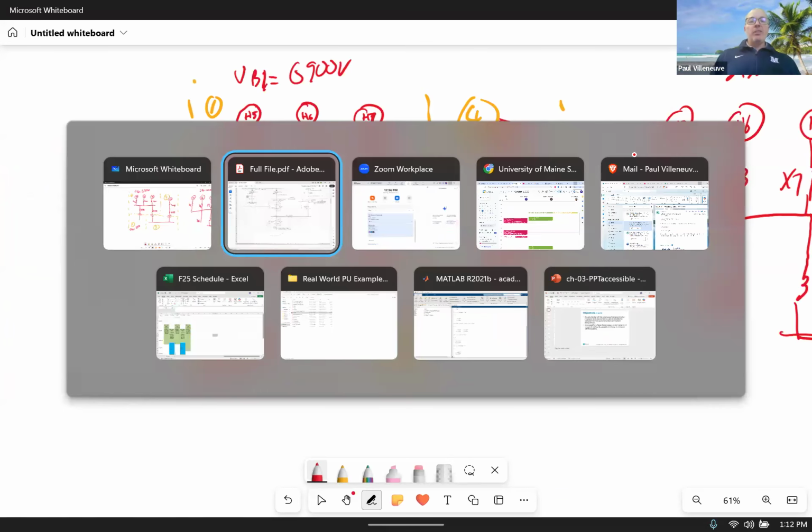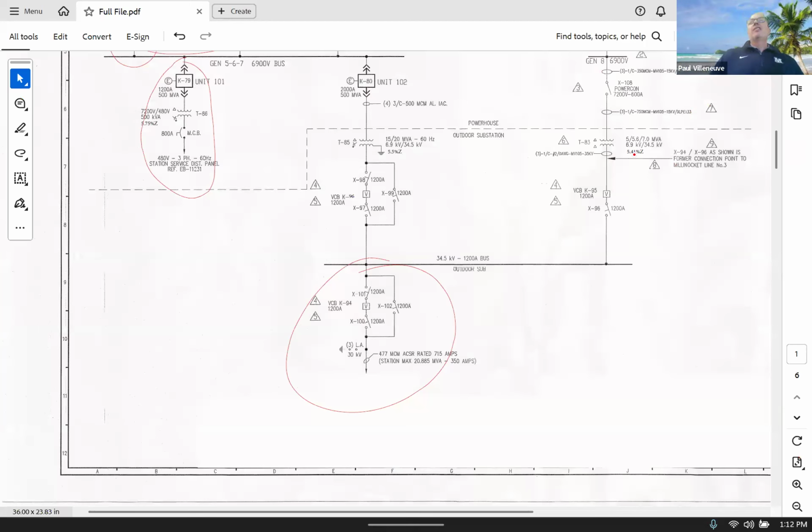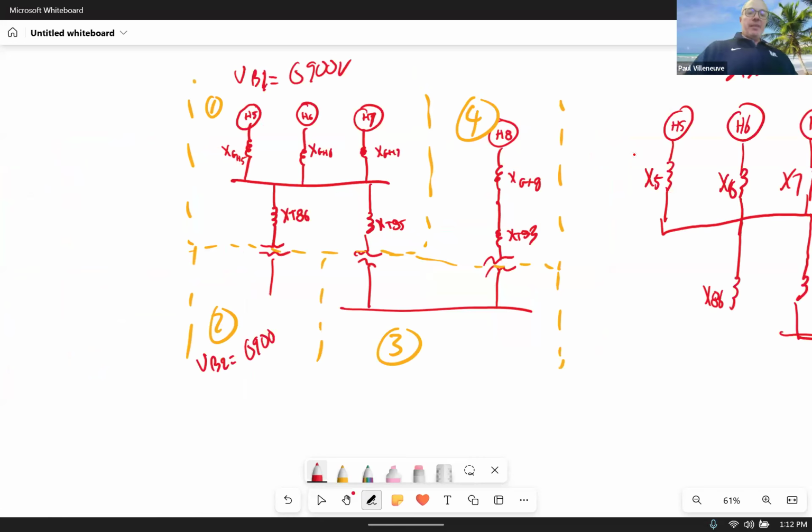So go back to my original diagram, and I can see that that's 7,200 over 480. So that multiplies by 480 over 7,200. And that's the V base over there. For VB3, I know my turns ratio is 6,900 to 34.5.